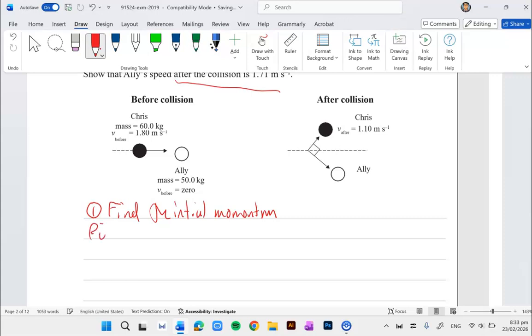So p_i of Chris is equal to m_Chris times v_Chris, so the mass of Chris and the velocity of Chris. That's 60 times 1.8, which equals 108.